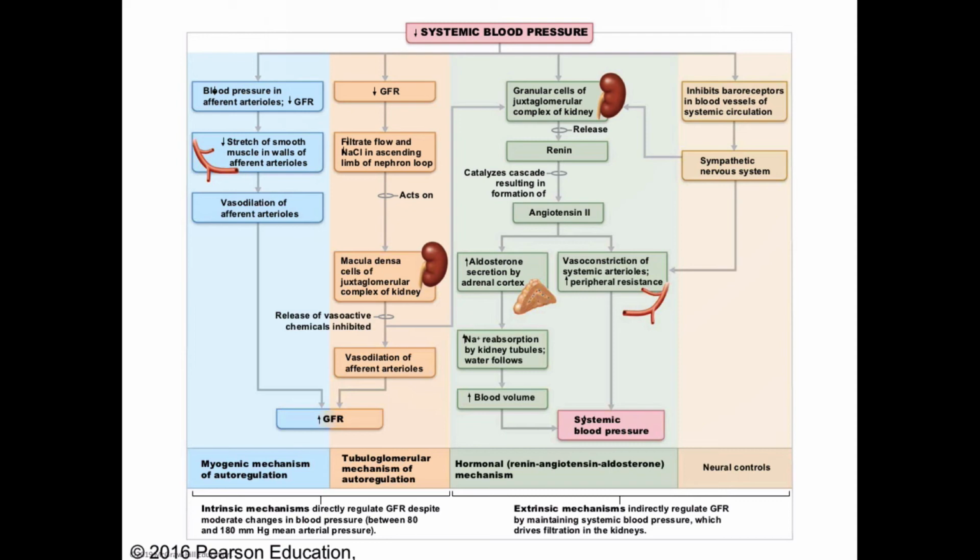So as renin causes angiotensinogen, which is normally in the liver, to convert into angiotensin 1, the angiotensin converting enzyme, also known as ACE, will then convert angiotensin 1 into angiotensin 2. As that occurs, it causes a four-fold response.